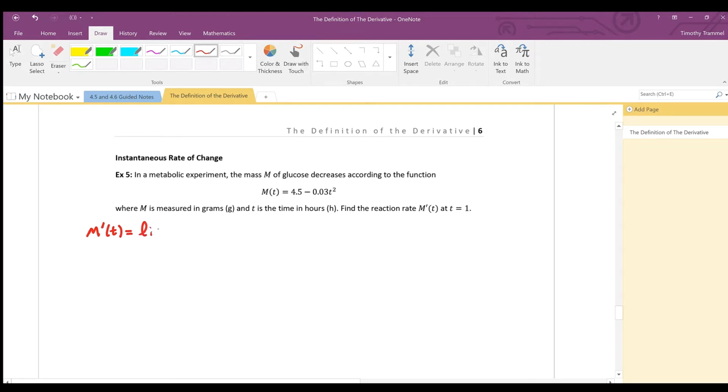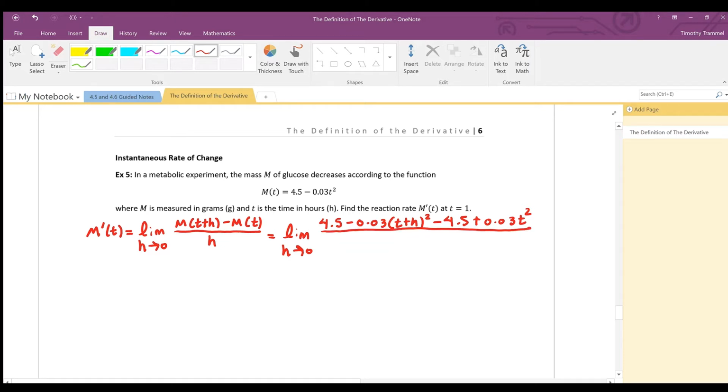So we need to start off by actually finding the derivative m prime. So this is the limit as h approaches 0 of m of t plus h minus m of t all over h, which is equal to the limit as h approaches 0 of 4.5 minus 0.03 (t plus h) squared minus 4.5 plus 0.03 t squared, and then all over h.